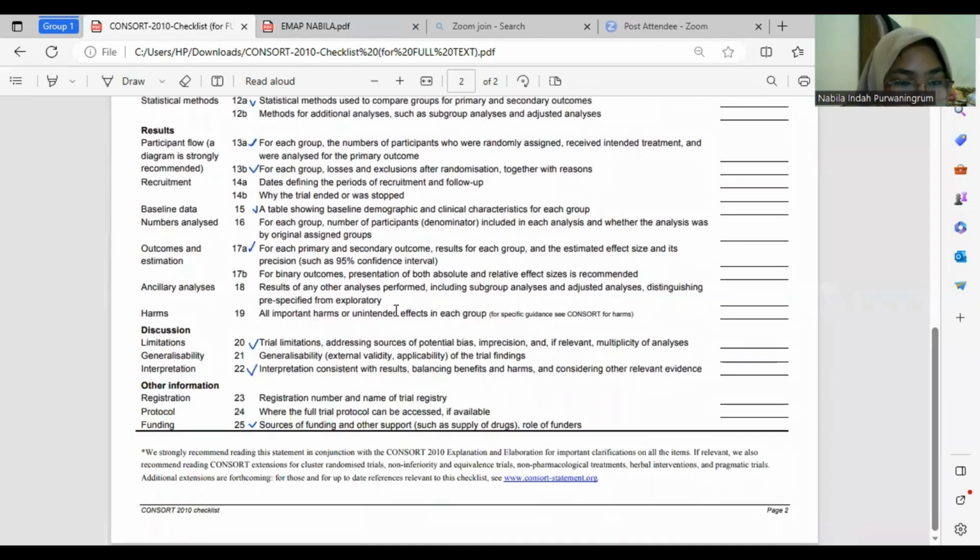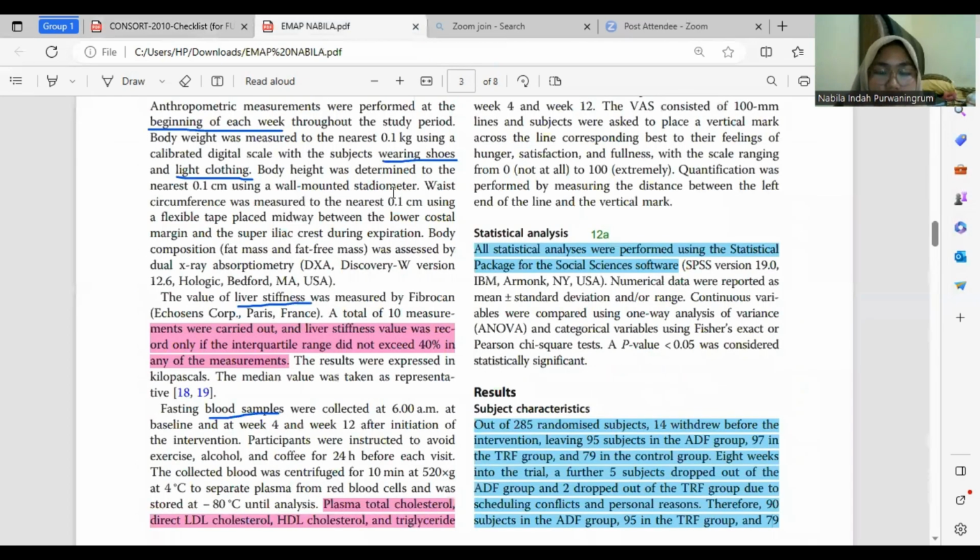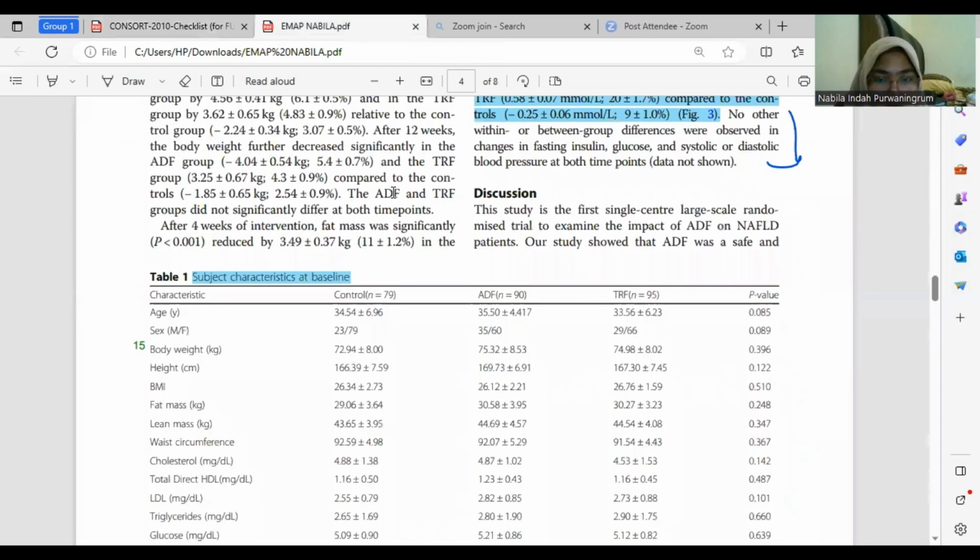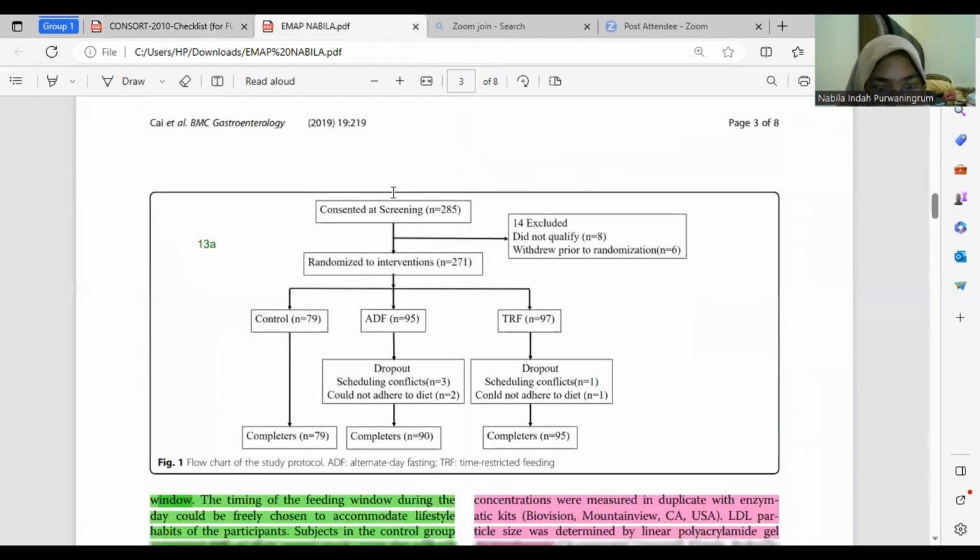After that, we are going to see the results. 13A, for each group, the numbers of participants who were randomly assigned, received intended treatment, and were analyzed for the primary outcome. We can see it here from the flow chart itself.